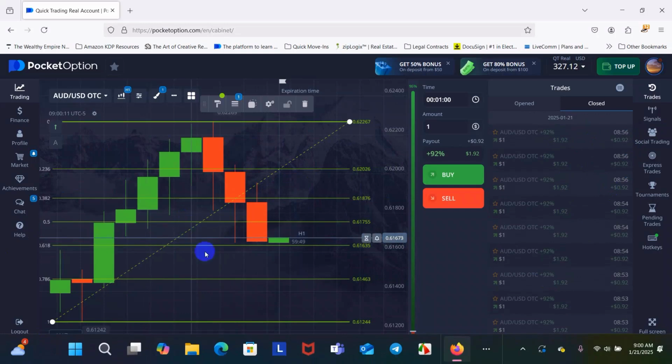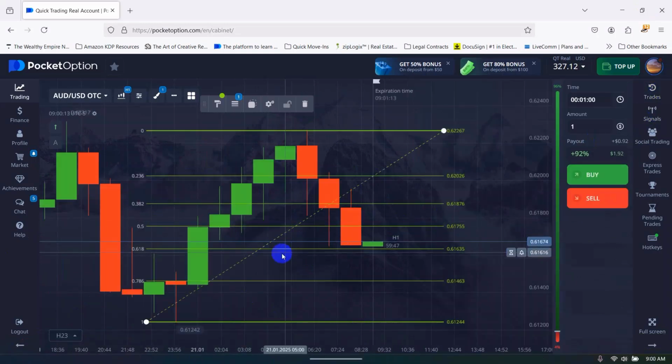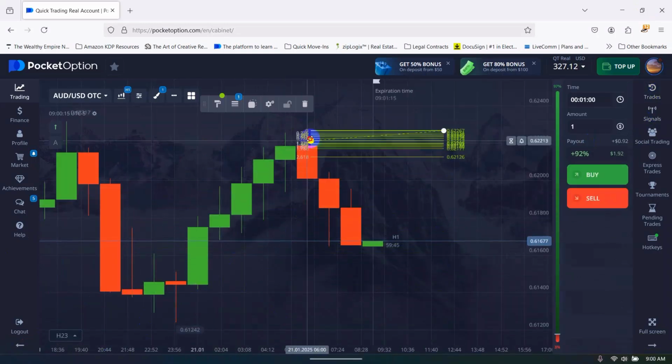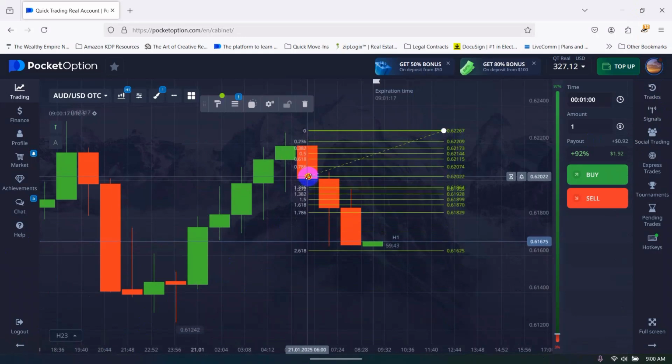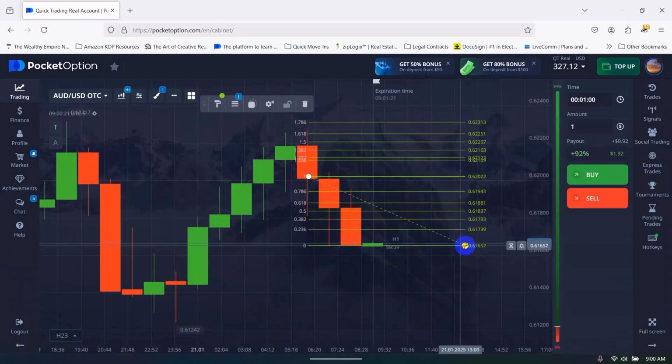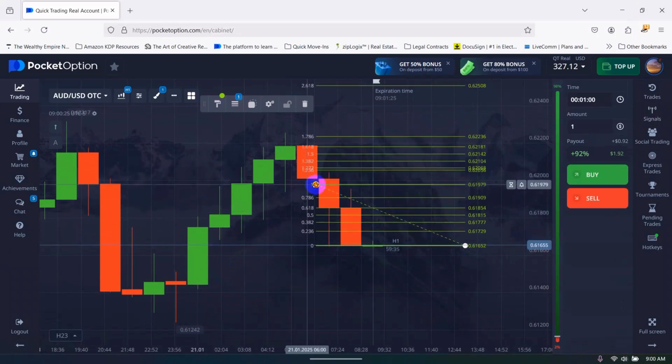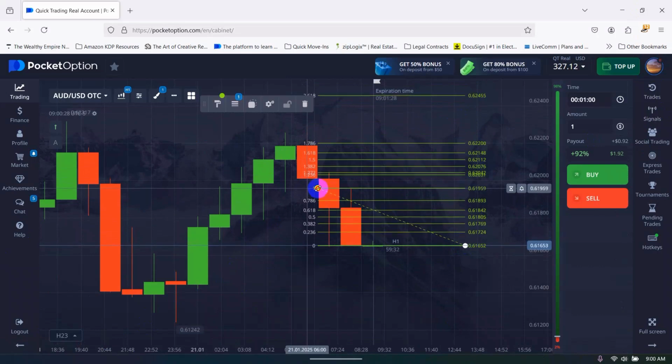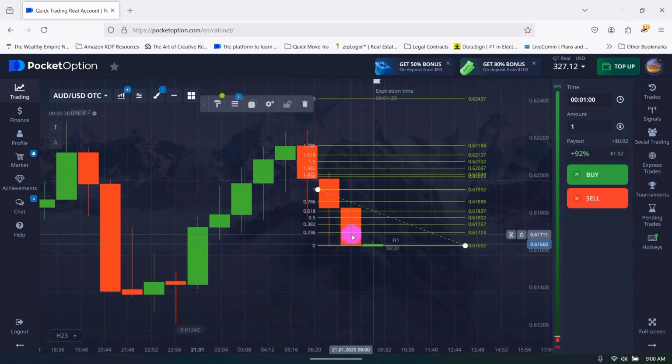So you see how this, let me just take this away. You see how this new candle is being formed right here? This previous candle that we was just working off of, it ended here at the bottom.